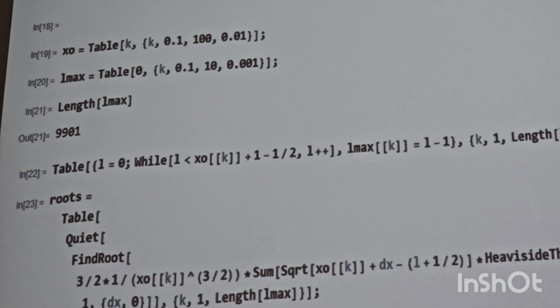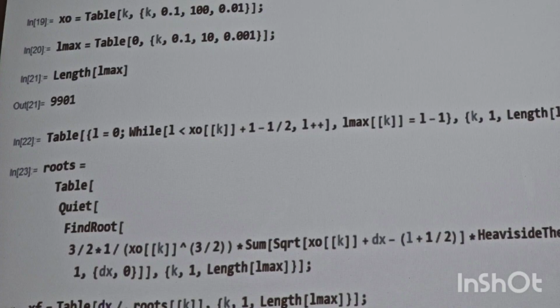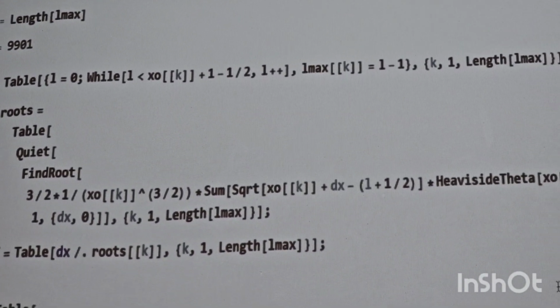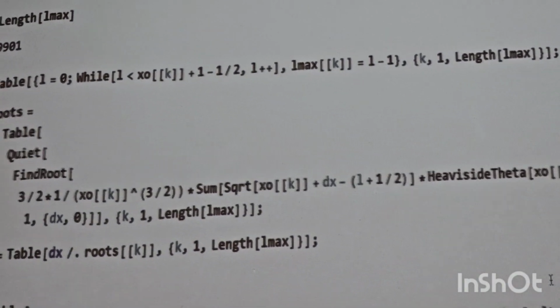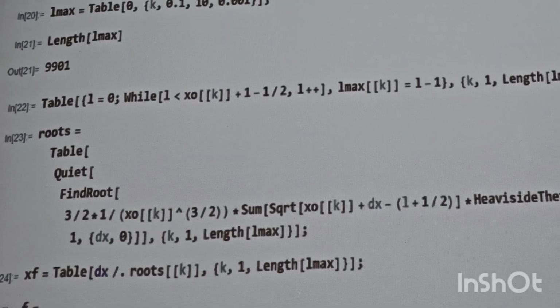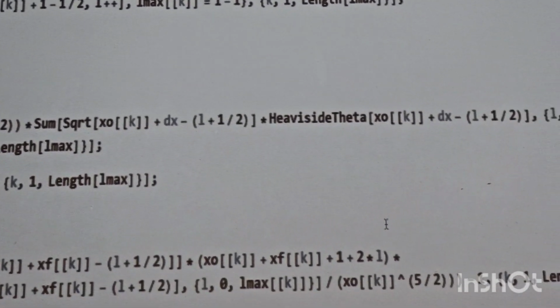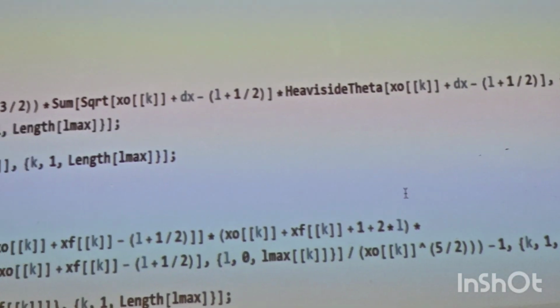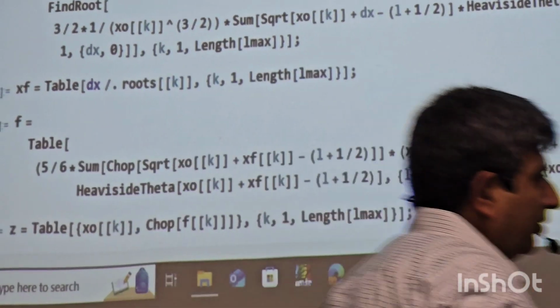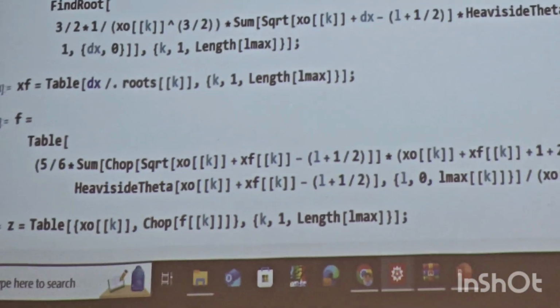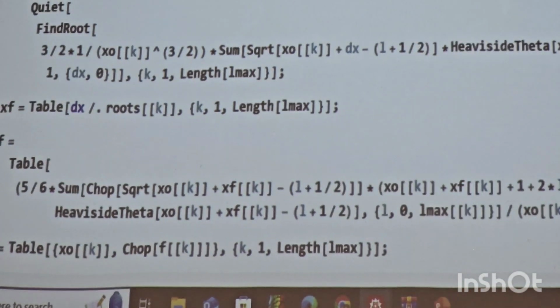Then I have an algebraic equation which I solve numerically to find out the change in the Fermi energy. This was from our previous lecture. So XF is my table of all the delta x's, for a given x naught.